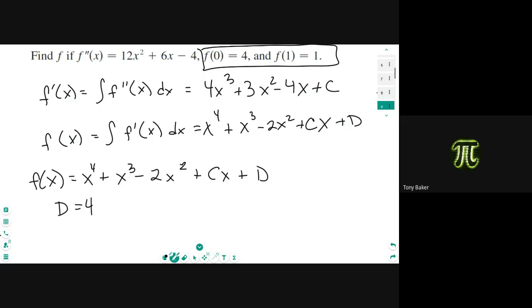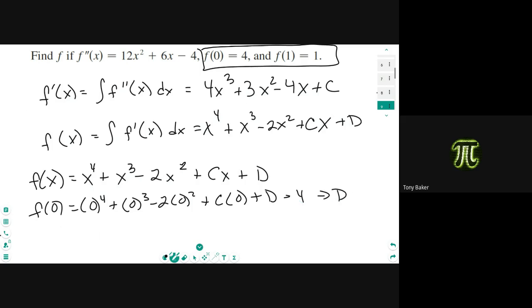Does that make sense? All right, I'll write it out. So everything cancels out except D. So D is 4.